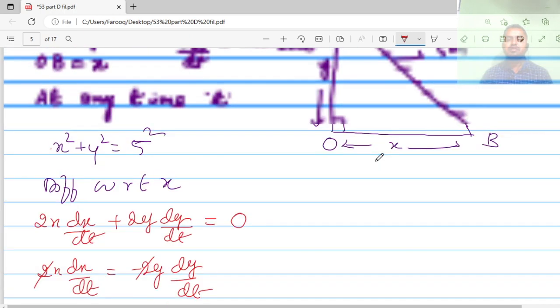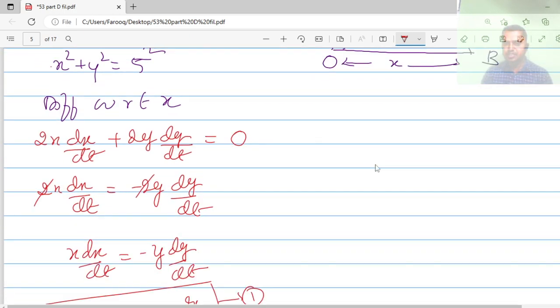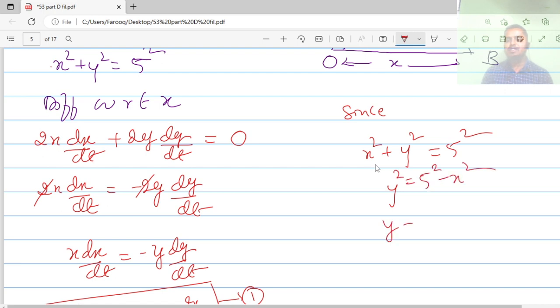Now since x square plus y square is equal to 5 square, y square is 5 square minus x square. Then y is equal to square root of 25 minus x square.